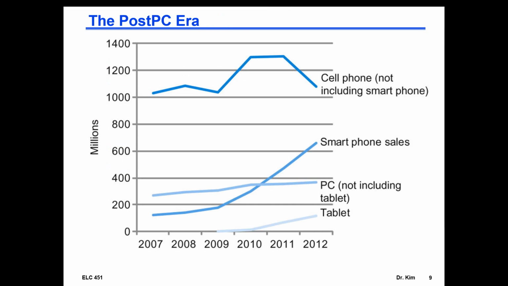There are some charts in here that may be a bit dated, but it does show the trend. So this one goes from 2007 to 2012, and you can see the installed base of cell phones at the top. So those are what were not considered smartphones.